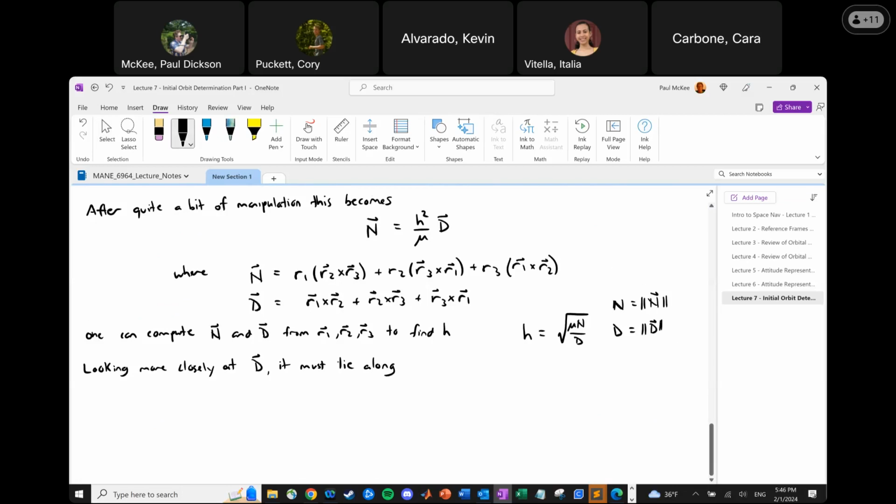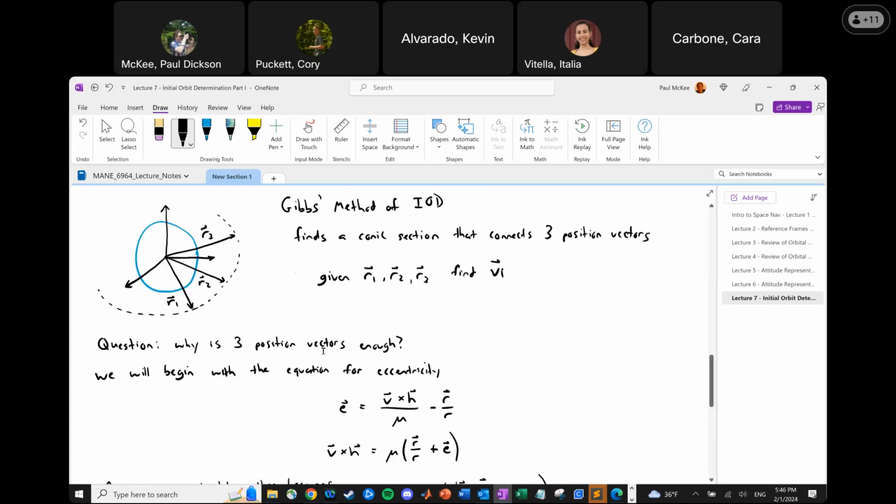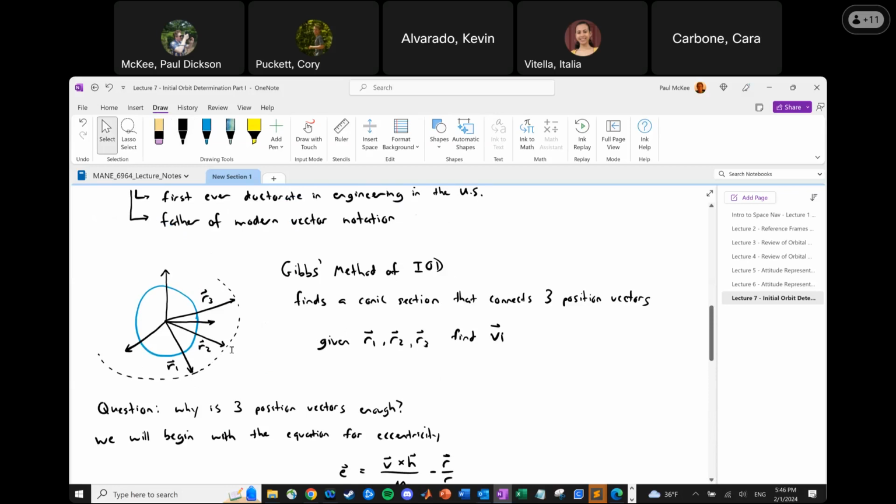If you look at the D vector, which way is that pointing? It's R1 crossed with R2 plus R2 crossed with R3 plus R3 crossed with R1. So I'm not asking for a magnitude, I'm asking for a direction. So get your right hand rule out. What direction is D pointing in? Any takers? And I'll scroll up to the little diagram up here. R1 crossed with R2.